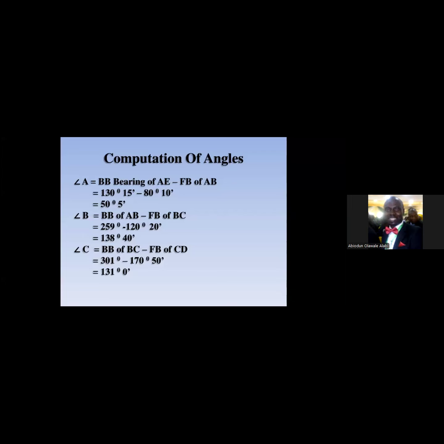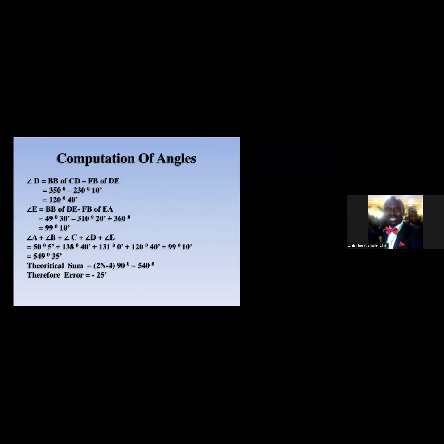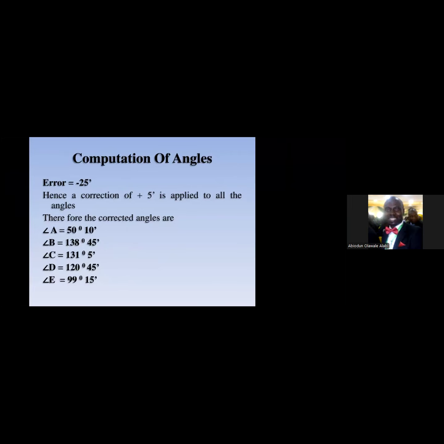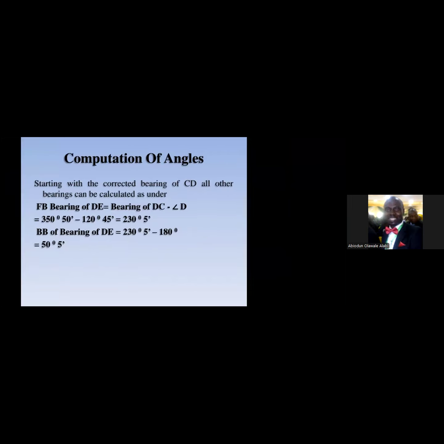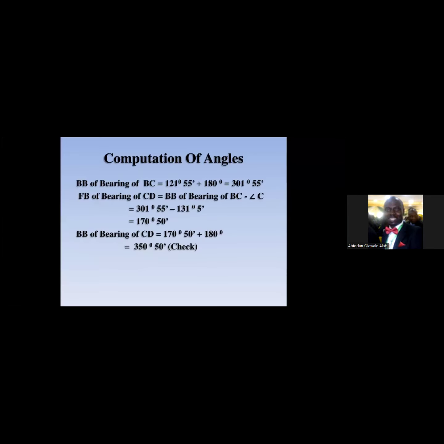Read about geographical pole. What else? Okay, although I've explained local attraction, add local attraction to it. So it's going to be a brief write-up, and you submit to me next Tuesday.